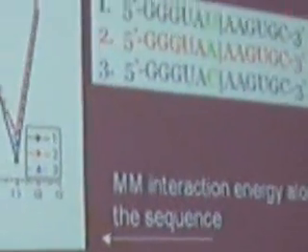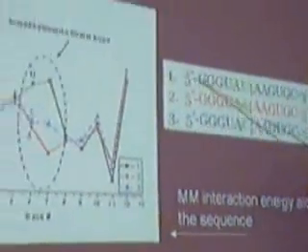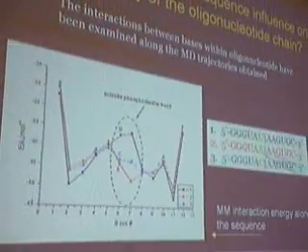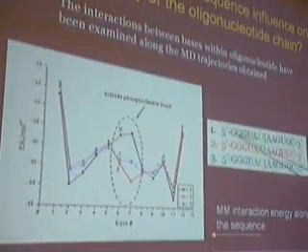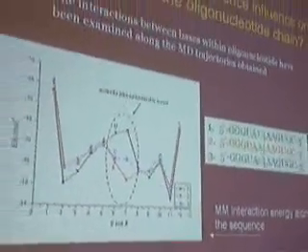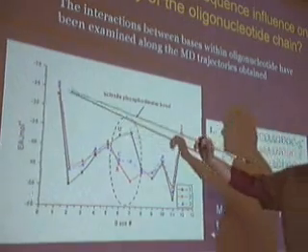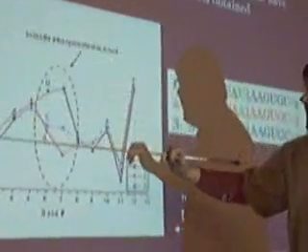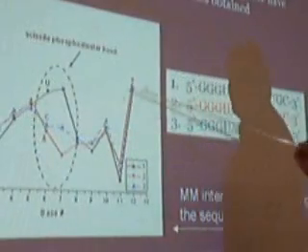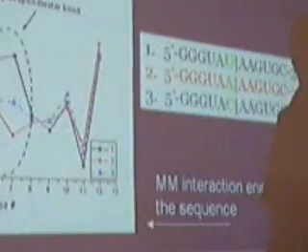And we have calculated the stacking energy to different bases along these oligonucleotides indicated here. They are exactly the same sequences, except that one base is different at the cleavage bond. And as you can see, the stacking energy remains very similar in all other sites except at the cleavage site.